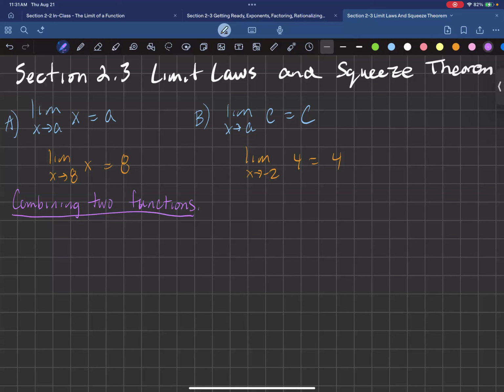So let's say that for the following, the limit as x approaches a of f of x, let's call that L. And we're going to do the limit as x approaches a of g of x, and we're going to call that M. It's some value. These are just numbers. L and M are numbers.